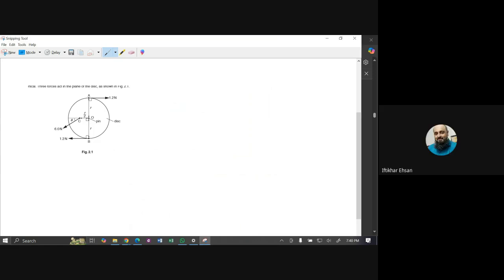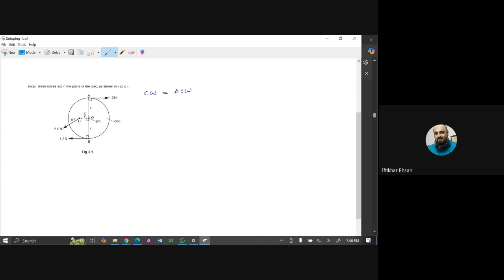In moments, what is our basic principle? The clockwise moment is equal to the anti-clockwise moment. So please, can you suggest, do you find any clockwise force there? The pivot is O. The 6 newtons is going in the other direction, so 6 sine theta will cause an anti-clockwise motion.